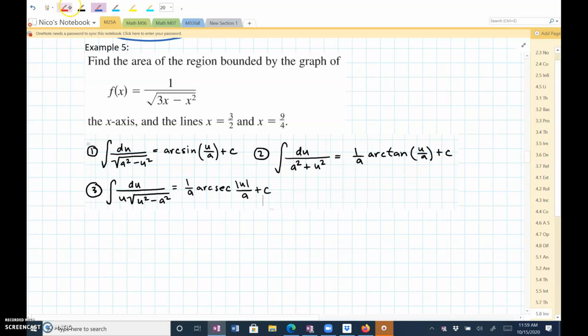So, in other words, we're taking the integral from 3/2 to 9/4 of 1 over the square root of 3x minus x squared dx, and trying to find the definite integral. So this right here doesn't fit any of these.